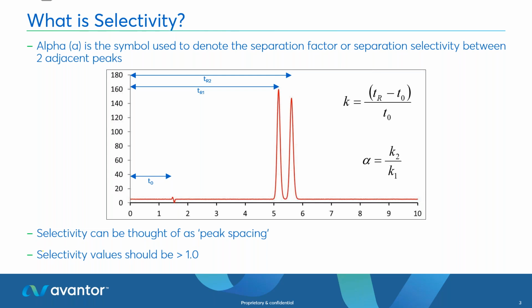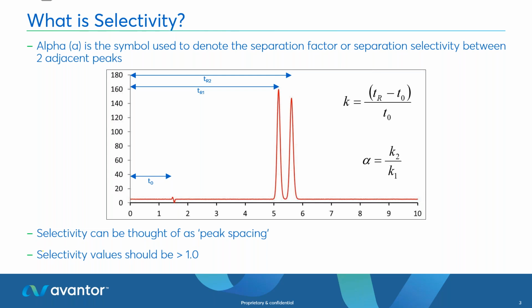So we can work out a k value, so a retention factor, based on that TR and the T0 using the top calculation. And then we can work out a selectivity value based on the ratio of k values for 2 sequential peaks.